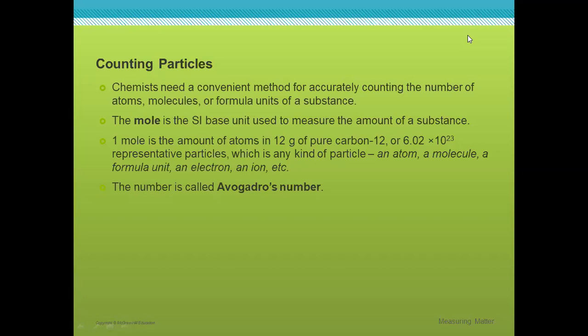It's called carbon 12, not carbon negative 12. Carbon 12 has 12 as its mass number. Or 6.02 times 10 power 23 formula units, an electron, an ion, and so on. The number is called Avogadro's number.